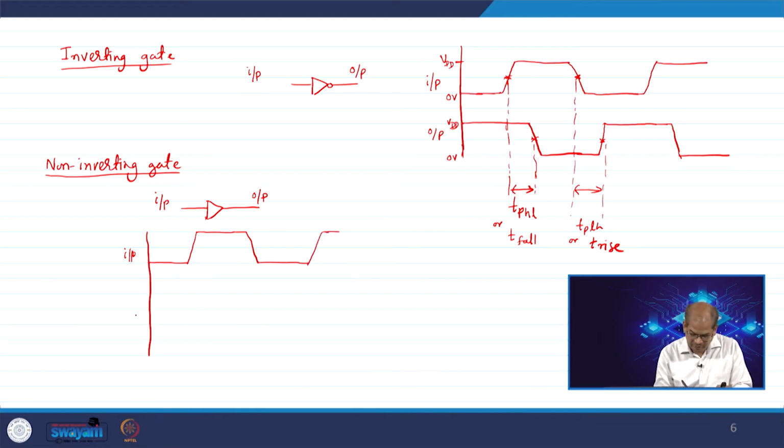This is your VDD point and this is your 0 volt. Now your output will follow the same waveform with some amount of delay.